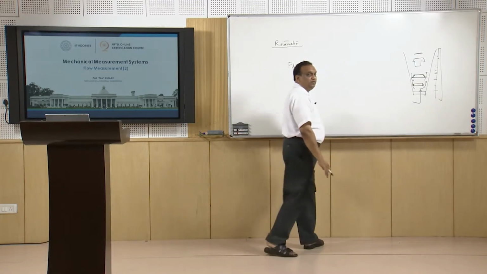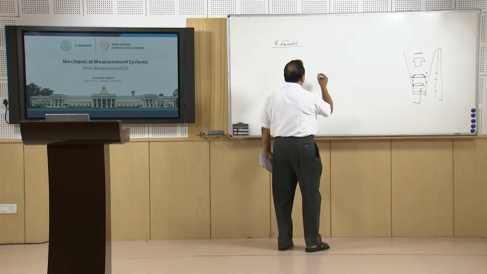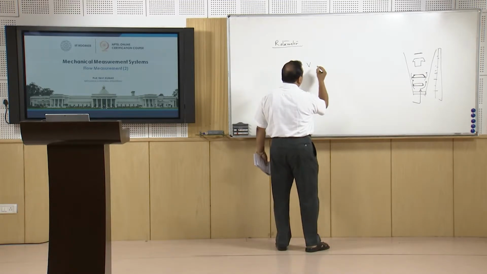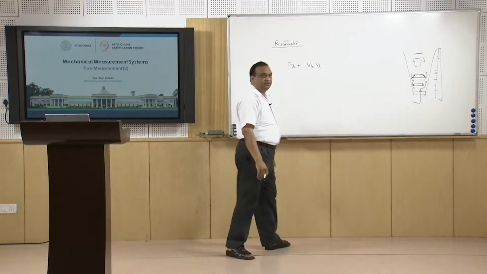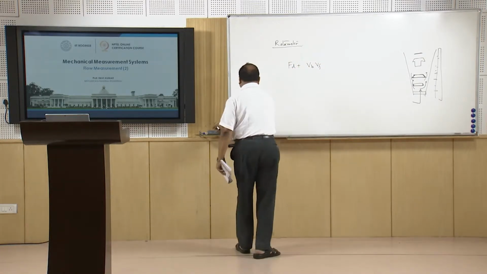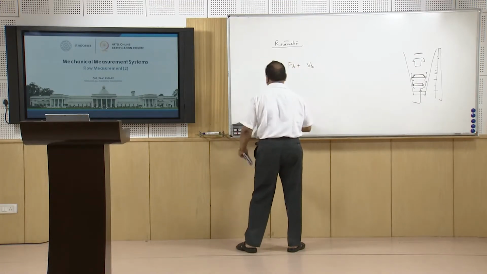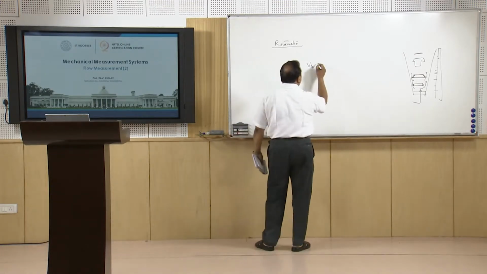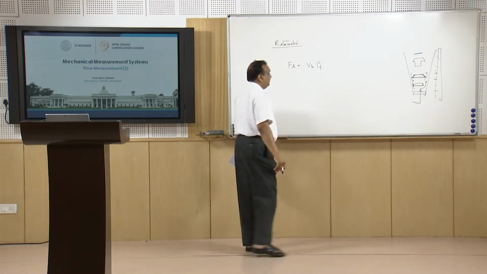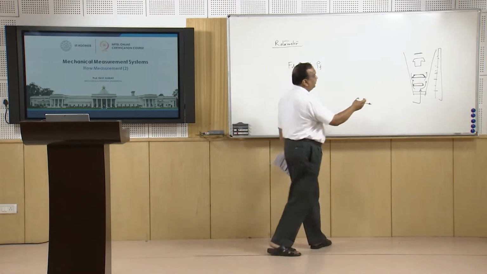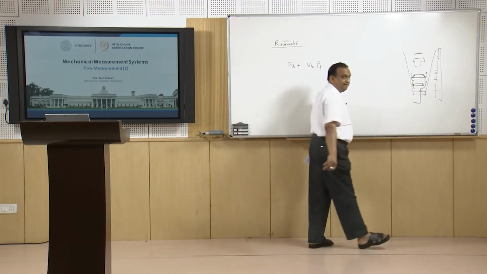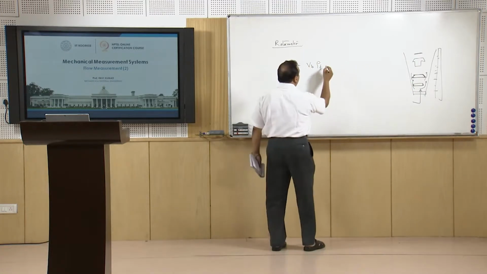So, mass of the fluid means volume and density, volume of the bob and density of the fluid, right? This is the mass of water replaced by this bob, multiplied by g.